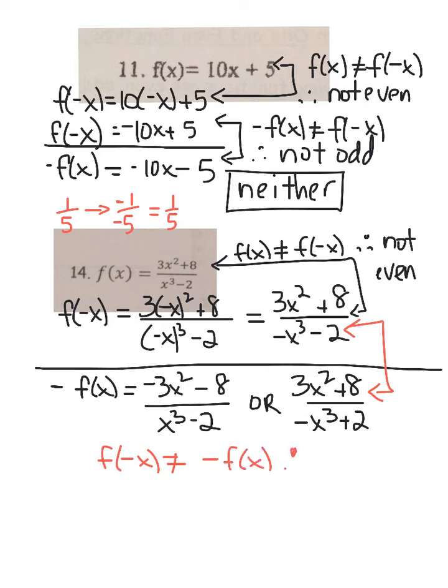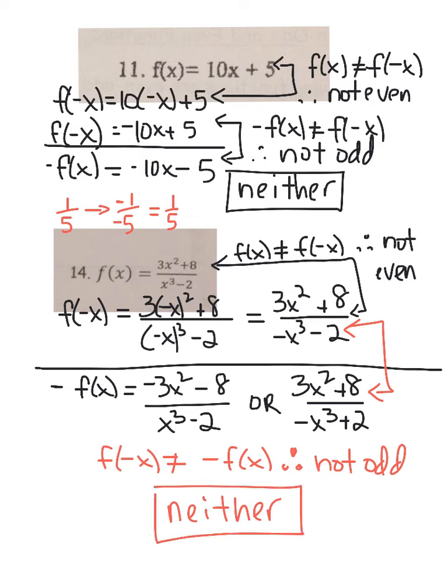Therefore, whoopsie, therefore not odd, which then means we've got another neither, and that would be your answer. Okay, so that's how you handle it when you have a fraction. Again, not hard. You just need to remember, and if you want to write this down, write this down. When you're negating the original function and it's a fraction, either change the numerator or the denominator, not both.